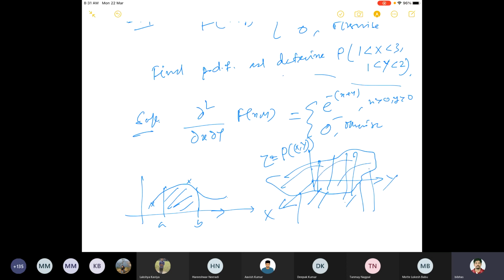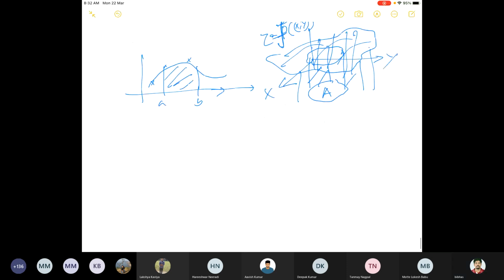So this is kind of a surface. Then if we take a particular area here, like this is my A, then we'll see what are the values here on the top, the values of f of xy. Let me draw this like this.